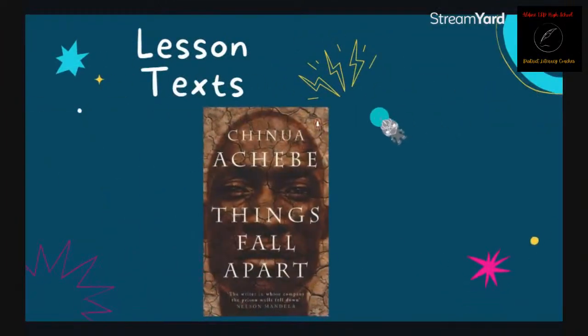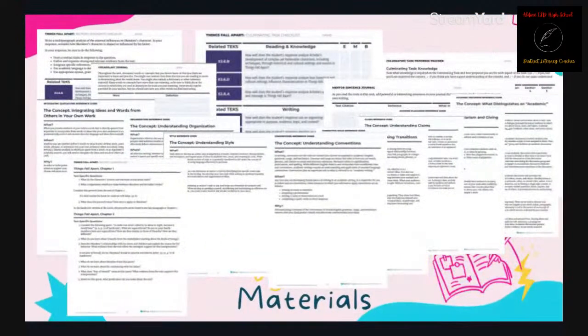The text for this lesson is Things Fall Apart. Quite a few materials. We have the diagnostic checklist for section 1, the culminating task checklist, culminating task progress tracker, mentor sentence journal, vocabulary journal, academic discussion reference guide, avoiding plagiarism, claims, connecting ideas, conventions, integrating quotations, organization, and style reference guides, as well as the section 1 question set.